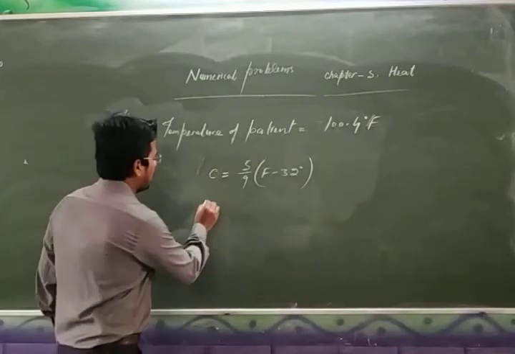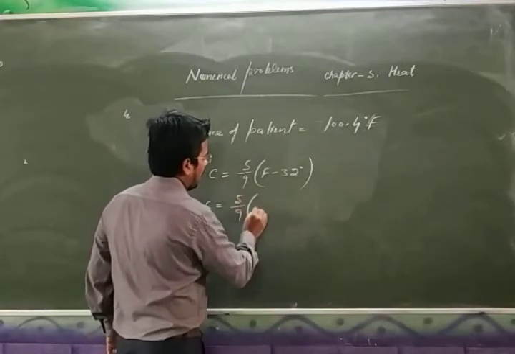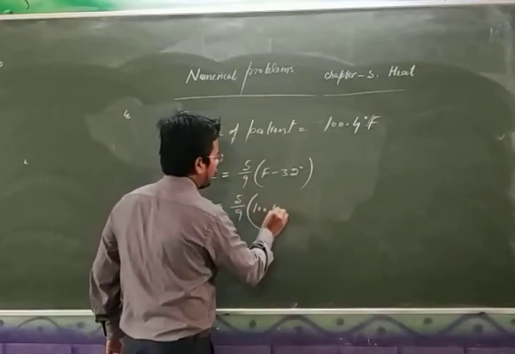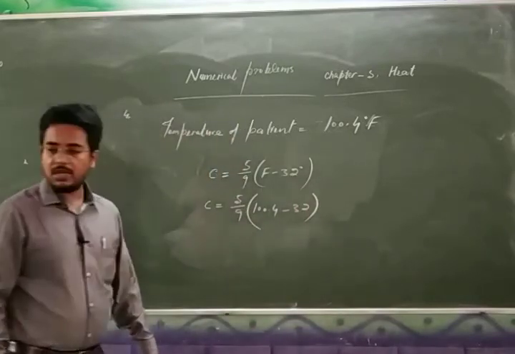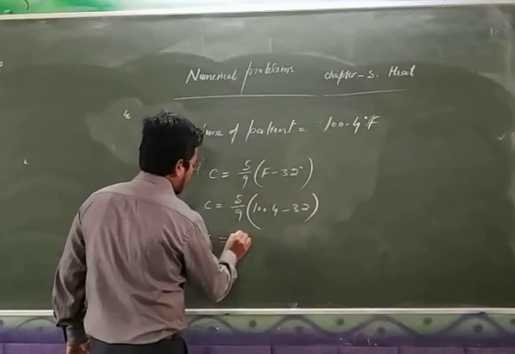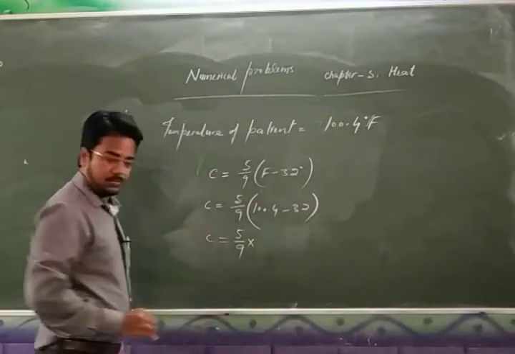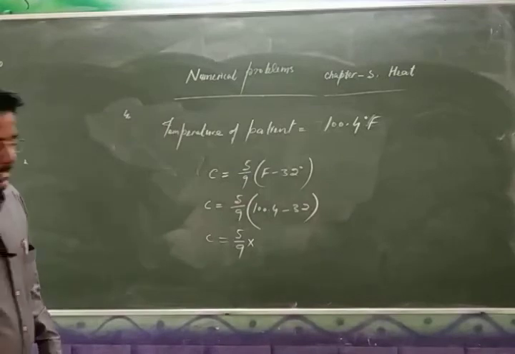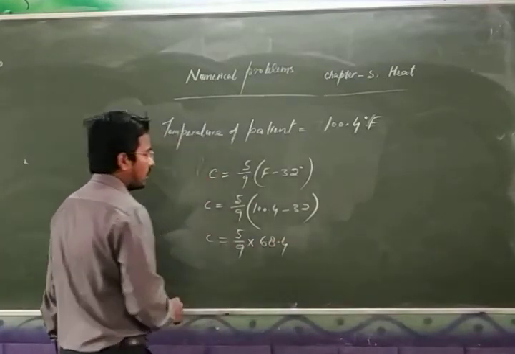So here we are going to put the values: 5 by 9 into (100.4 minus 32). If we subtract 32, we'll get 5 by 9 into 68.4.